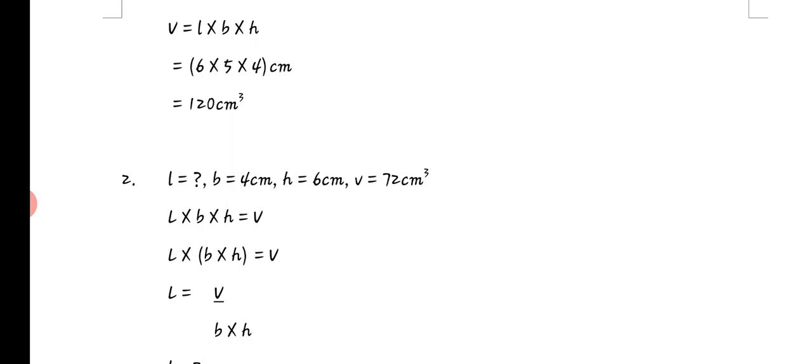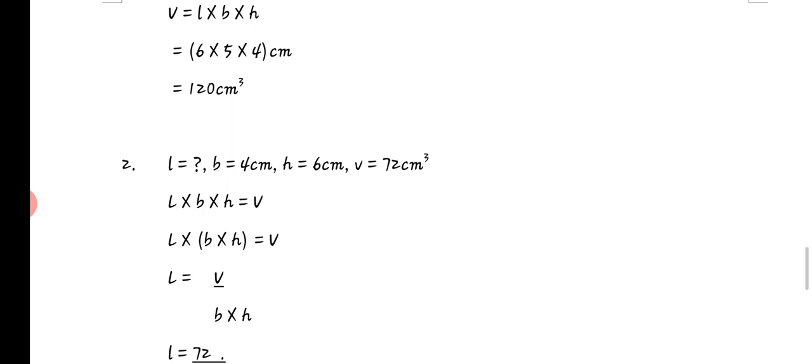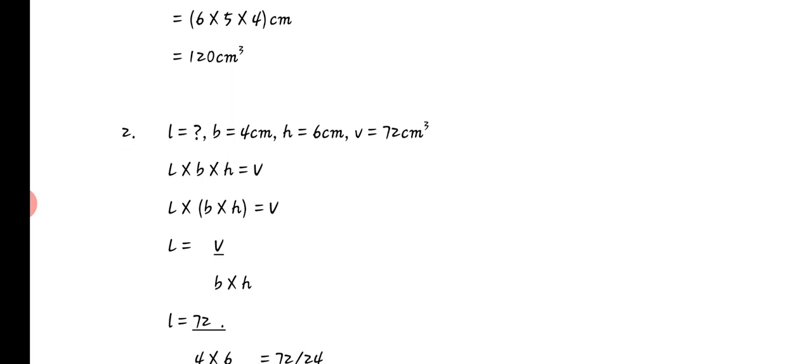Bring those breadth and height that we know together, I put them in a bracket, is equal to volume. We are looking for the length. So the length is now volume divided by breadth times height. And if we are looking for the breadth, breadth will be volume all over length times height. When you are looking for the height, height should be volume divided by length times breadth. That's how it should be.